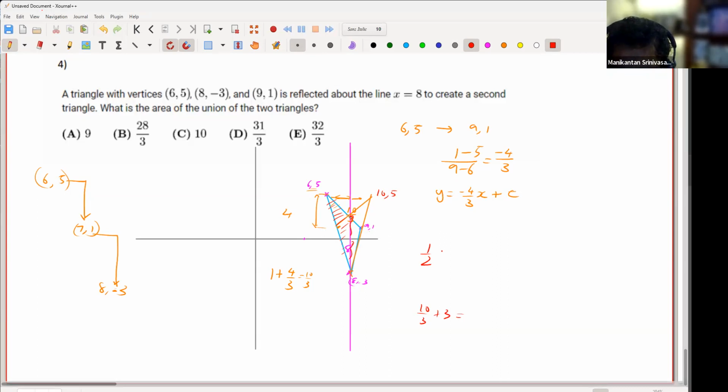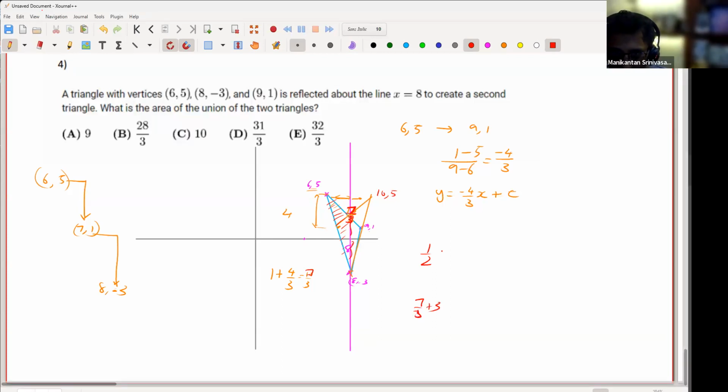I just want to make sure if I'm doing some mistake or not. 1:2. This gap is 4 thirds plus 1. 1 plus 4/3 is 7/3. So this is 7 by 3. Sorry, guys, you can figure out the calculation. So 7 by 3 plus 3 becomes the base.